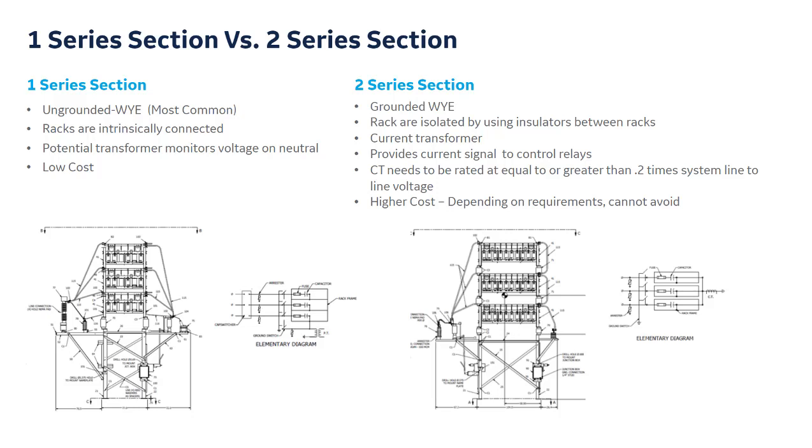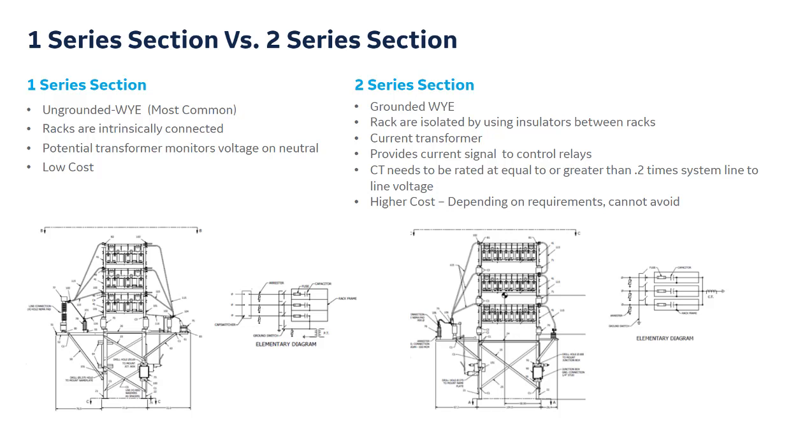So if it sees an increase of current at a certain point, it will trip an alarm. And if 2 capacitors go, depending on your set point, the second point will then trip the breaker and close. And that provides a current signal to the control relays.